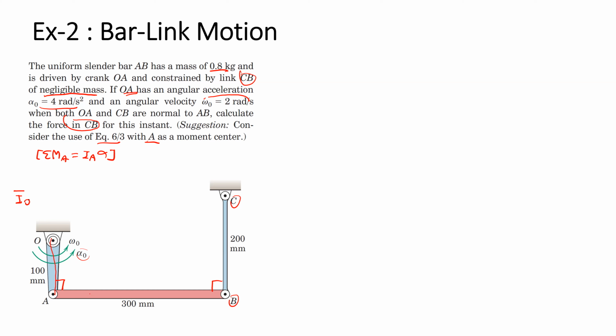So yeah, let's summarize the information from the problem. What do we have from the problem here? They give the mass of AB 0.8 kilogram, the mass of CB can be neglected.